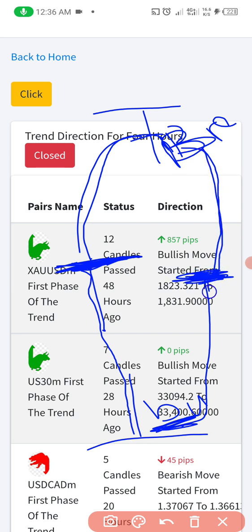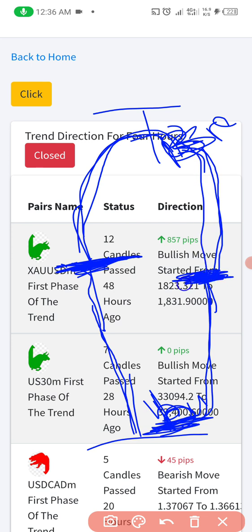From the last phase of a bearish move, you'll be expecting a first phase of the bullish move. From the first phase of a bullish move, the circle continues to a last phase of a bullish move, then to the first phase of a bearish move, then the last phase of a bearish move, and then you will be expecting a first phase of a bullish move.